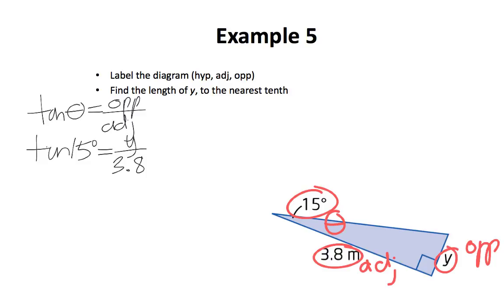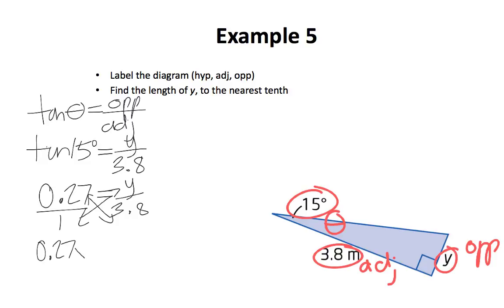Next, you want to input tan of 15 degrees into your scientific calculator, and you should get an answer that is approximately 0.27. Everything on the right stays exactly the same. We want to change 0.27 into a fraction, so I'm going to put it over 1, which allows us to cross multiply. So I'm going to get 0.27 multiplied by 3.8 and 1 multiplied by y.